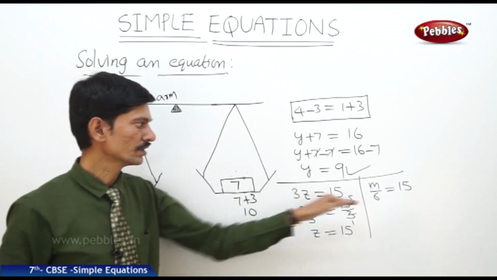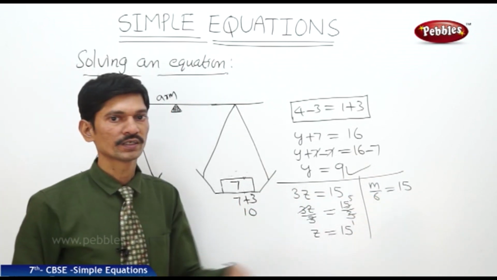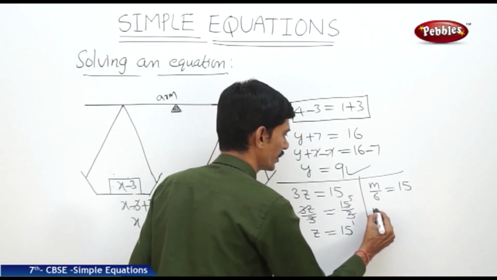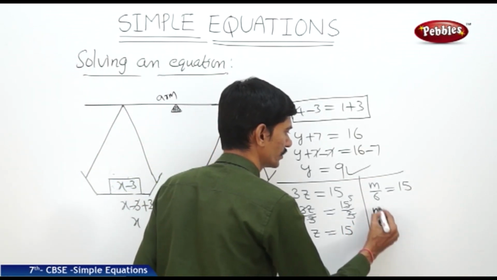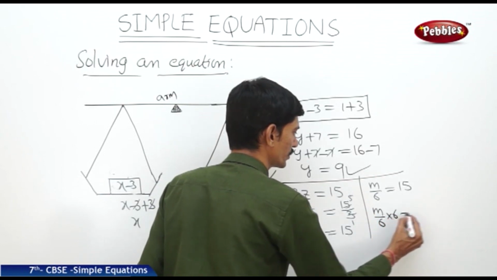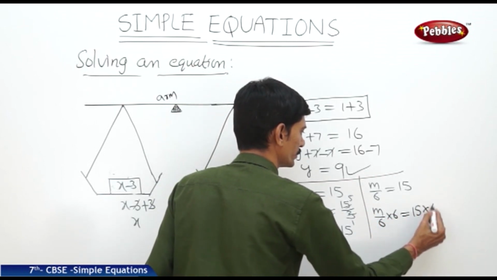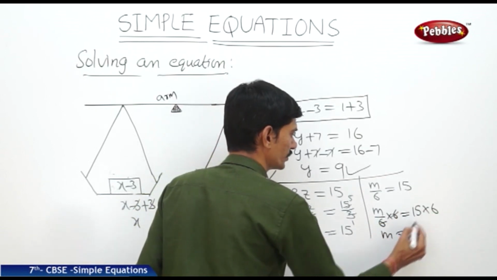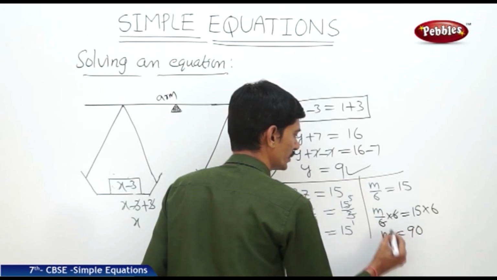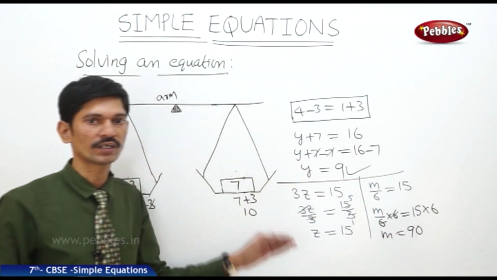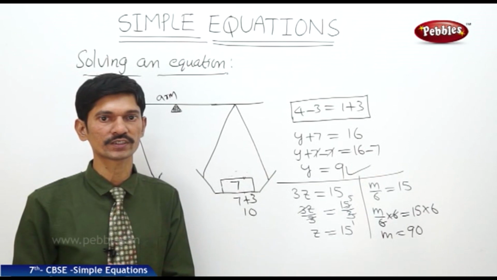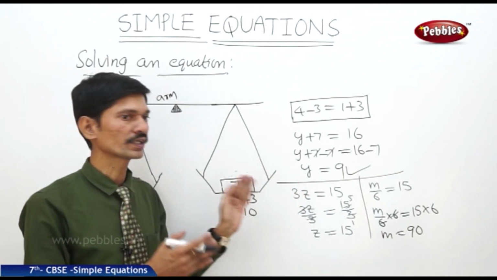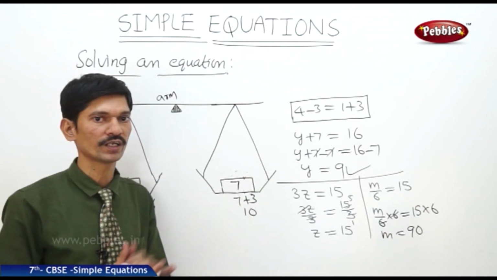To cancel division by 6, we multiply both sides by 6. So m by 6 into 6 equals 15 into 6. Then 6 gets cancelled, m equals 15 sixes are 90. In this way, by applying the same mathematical operation on both sides of the equation, we can separate the variable and find its value.